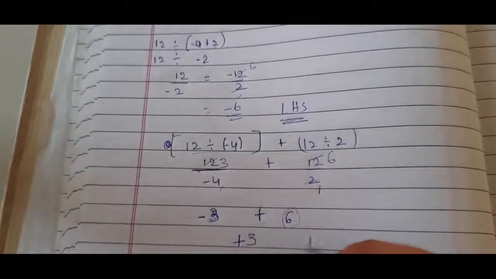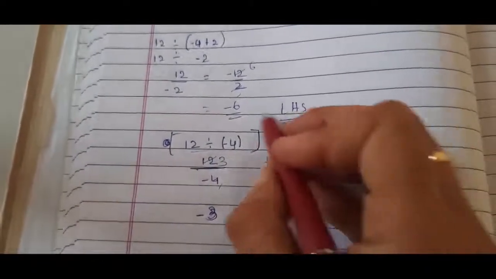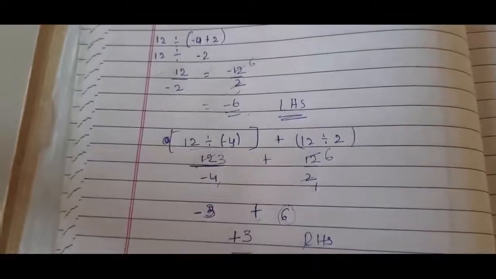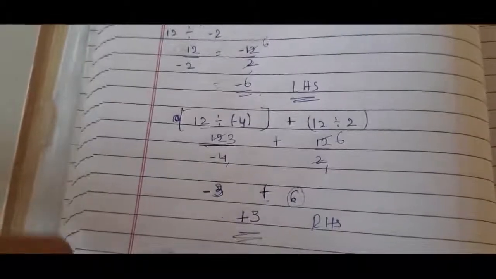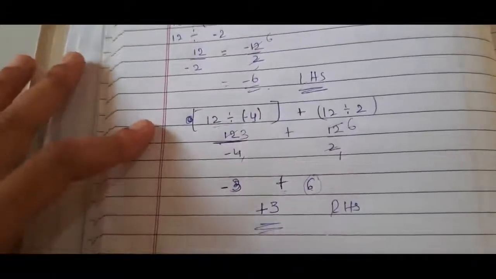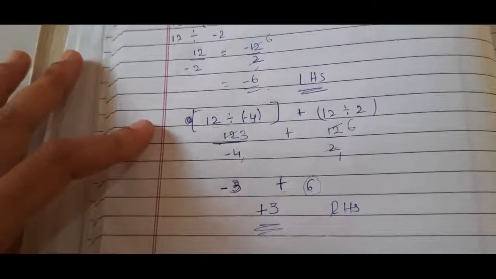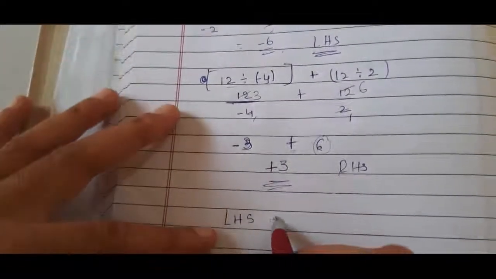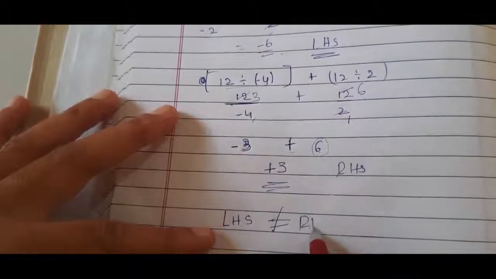See, I got LHS minus 6 and RHS plus 3. Are they equal to each other? No, they are not equal to each other. LHS is not equal to RHS.